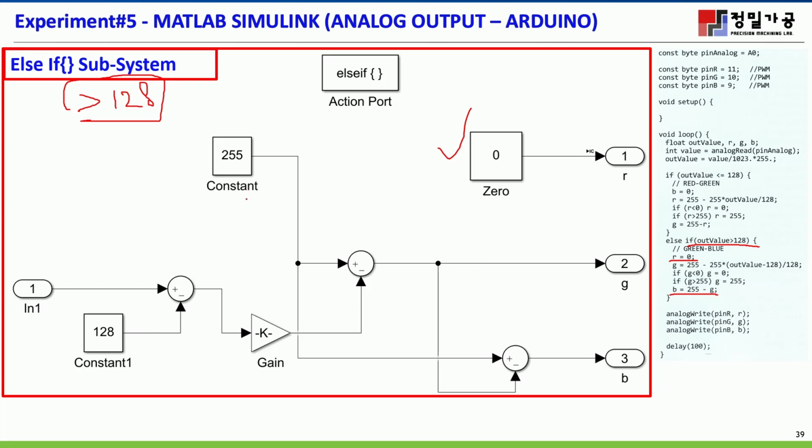Blue is a constant minus green, which is in here. This constant value is 255 minus green. As the result, the signal is 255 minus green in here.